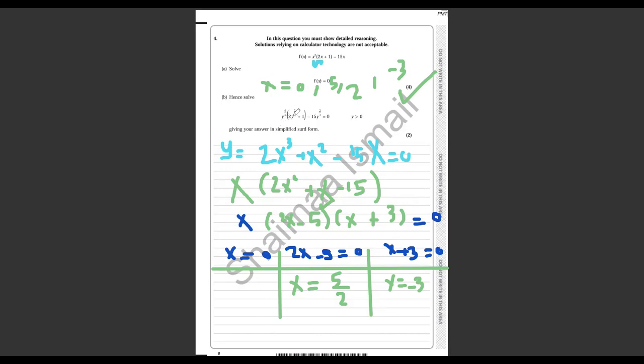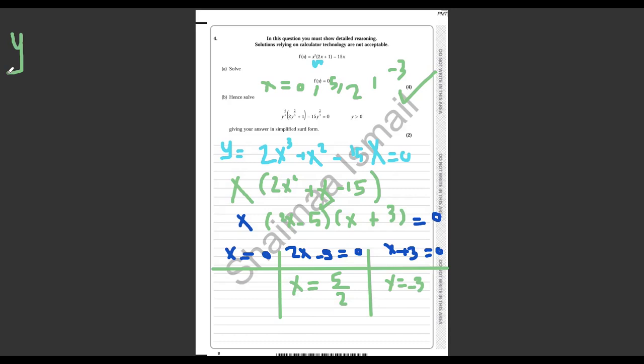For y to the power of 4 over 3 multiplying by 2y to the power of 2/3 plus 1, minus 15y to the power of 2/3. Okay, let's expand it as a first step.